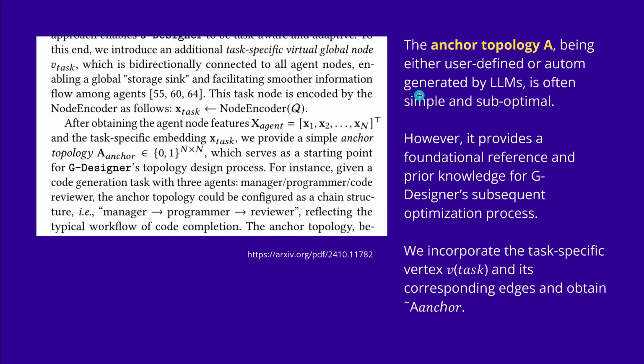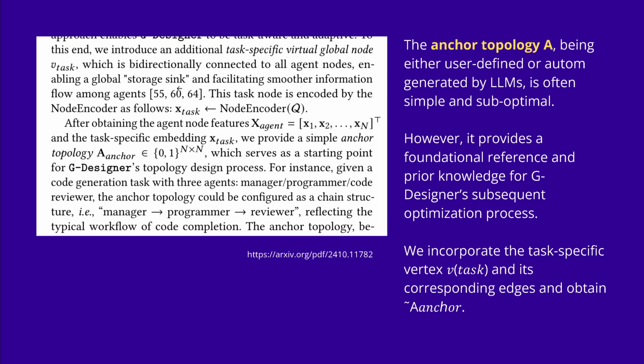And then we have to have an anchor topology. So, as I told you, the next step is that we introduce an additional task-specific virtual global node. Node is a vertex, so V for vertex, and this is summarizing the task if you want. Now, there's a speciality because this node is bidirectionally connected to all the agent nodes, enabling a global storage sync.